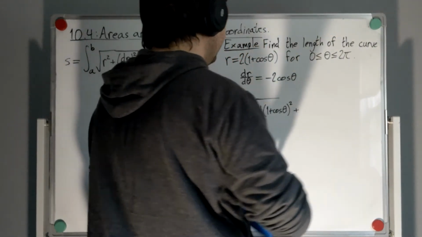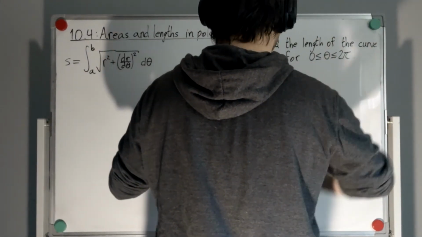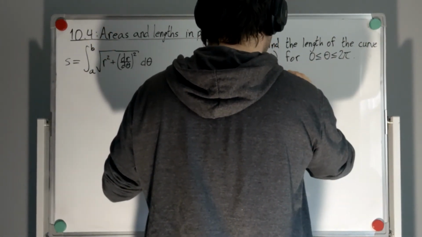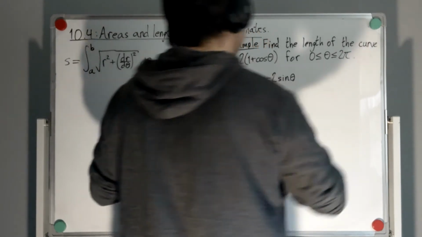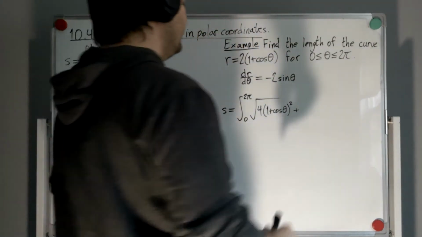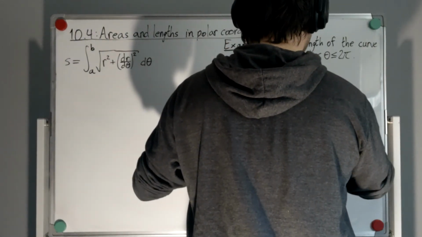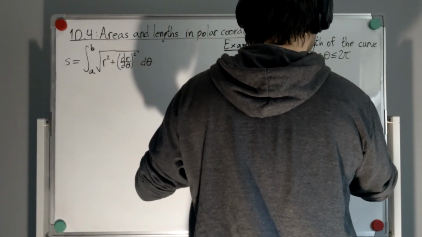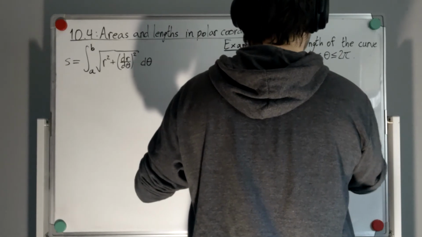No, negative 2 sine theta. There we go. Okay. And so we square that and put that under the square root. So negative 2 sine theta squared.